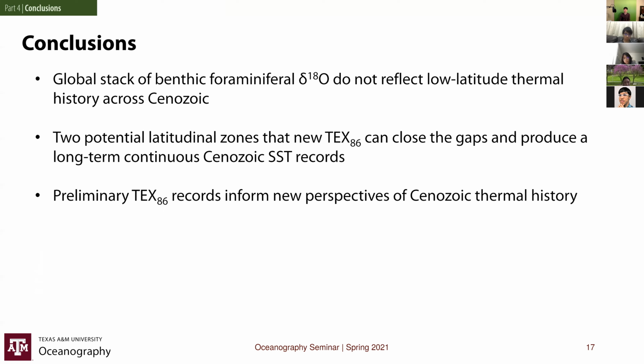And there are two potential latitudinal zones where we can fill in the TEX86 data to make a continuous Cenozoic sea surface temperature record. We believe that our completed TEX86 record will inform new perspectives on how the ocean surface changed over the last 66 million years. And that's it.